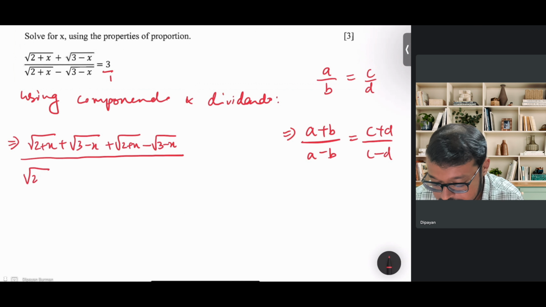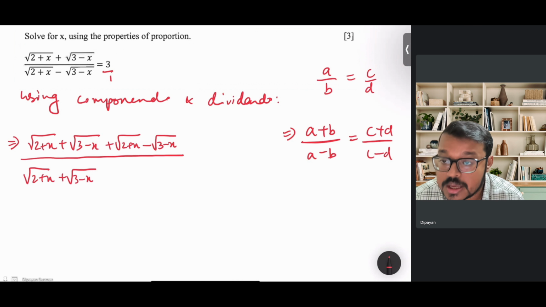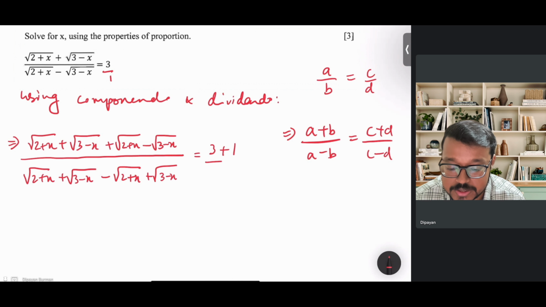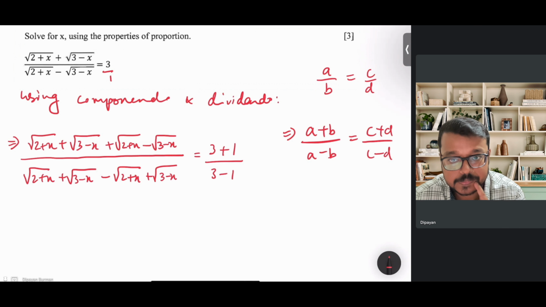So numerator again is root 2 plus x plus root 3 minus x. Now minus the denominator means minus root of 2 plus x, but minus of minus root 3 minus x is plus root of 3 minus x.